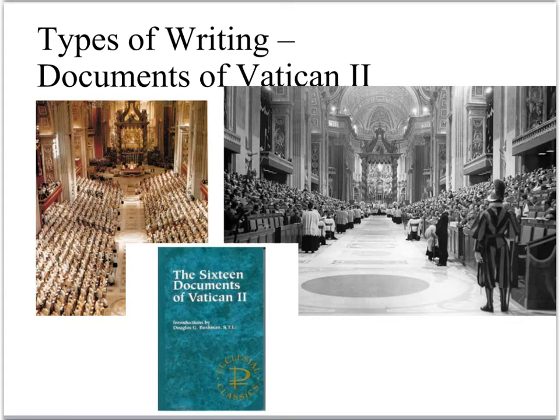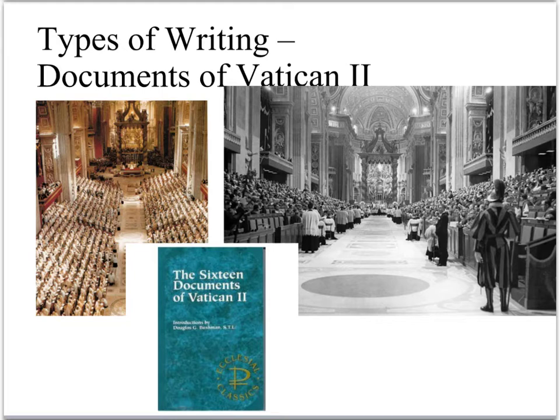There are a couple of pictures on this particular slide. Having a church council, which is a meeting of all church leaders, was a pretty big deal. There were more than 2,400 bishops that participated at the Second Vatican Council, and it's not like we have these every other year.